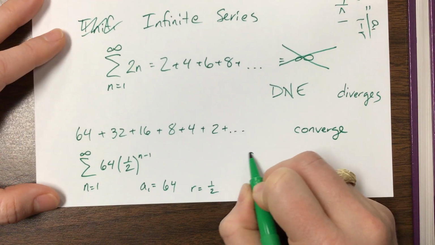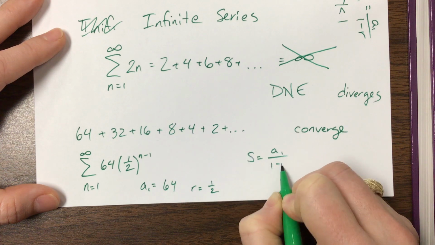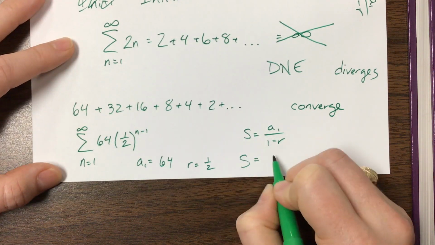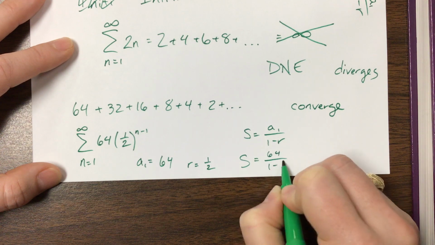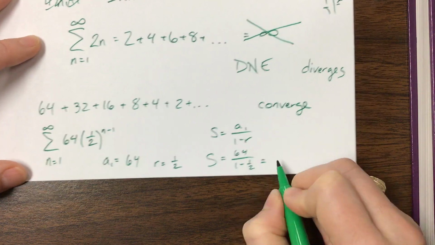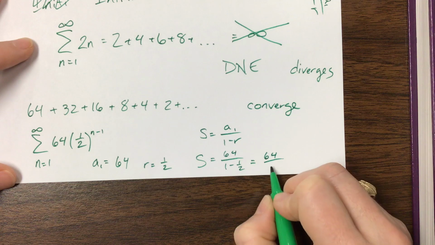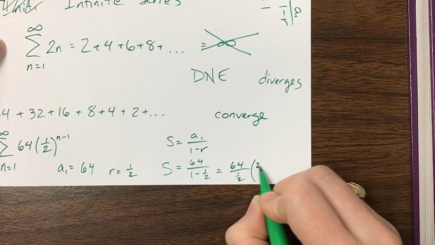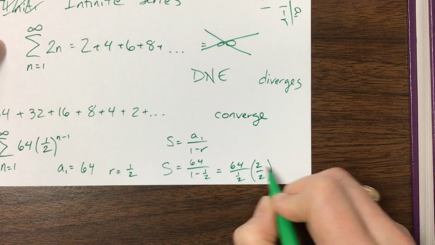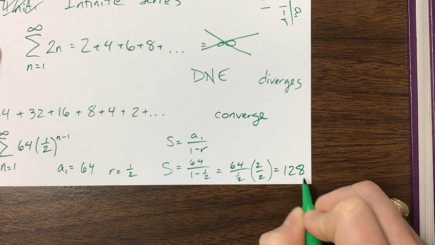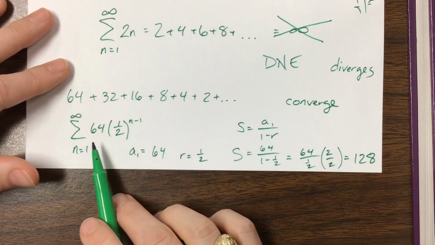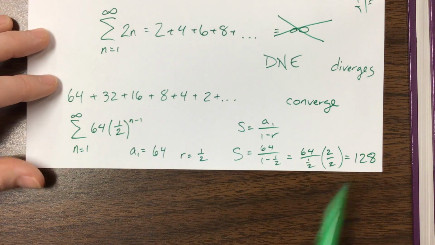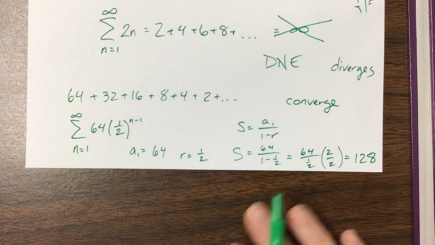The sum is equal to A sub 1 over 1 minus r, which is 64 divided by 1 minus 1/2. 1 minus 1/2 is 1/2. If I multiply by 2 over 2, that cleans up the bottom, and I get 128. And so the sum of this particular infinite geometric series is equal to 128. Okay, hope that's helpful.